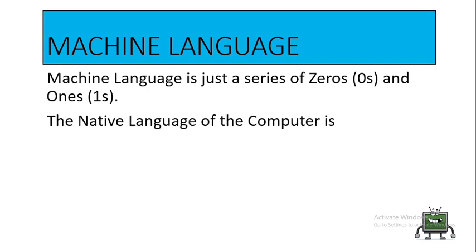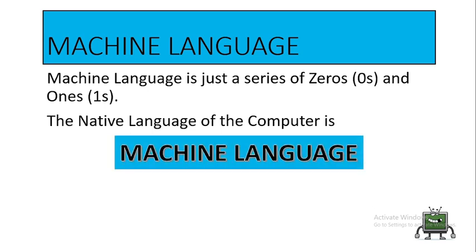As we humans have our native language that we speak, the machine language is also the native language of the computer. So the language that the computer is actually born with is the machine language. That is a language of zeros and ones.